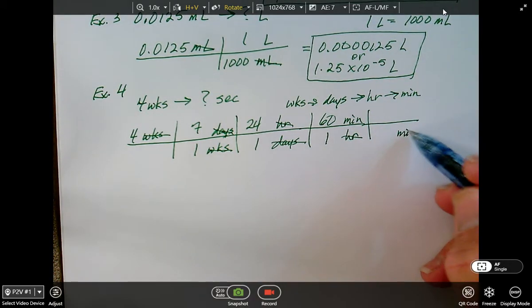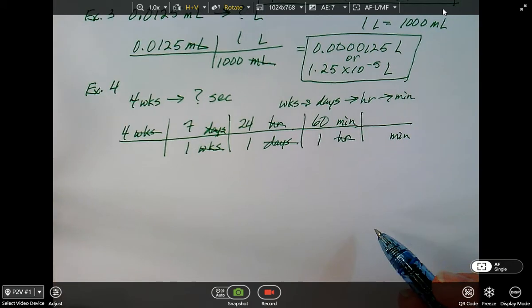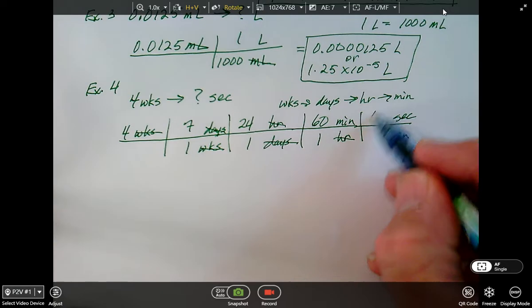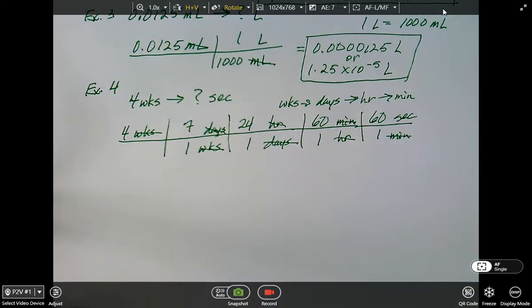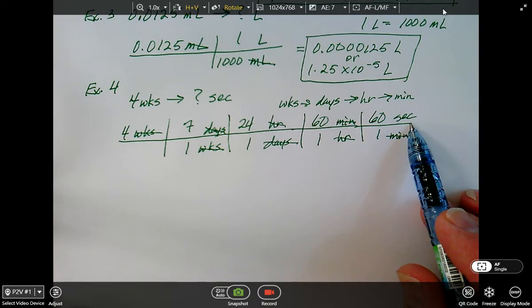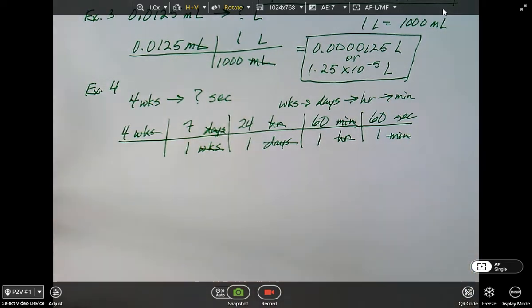Now I extend my box one more time. Minutes go to the bottom. Seconds go to the top. And how many seconds are in 1 minute? 60 seconds in 1 minute. So finally we get there, right? Minutes cancel. We have seconds on the top. We're trying to go to seconds. So now we can put our equal sign.